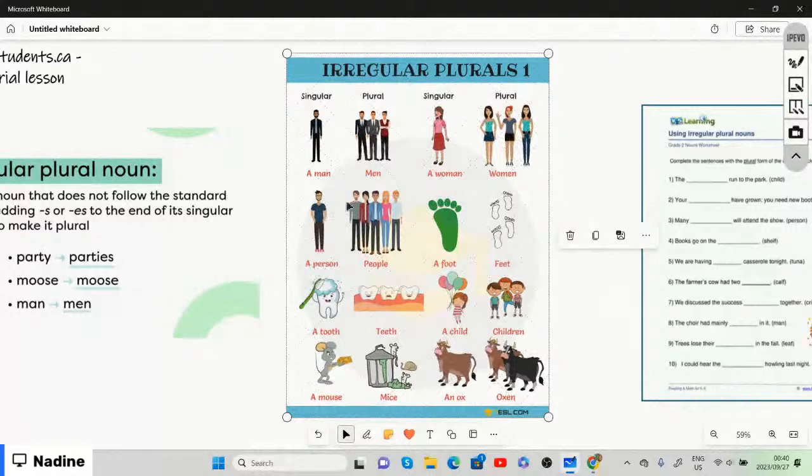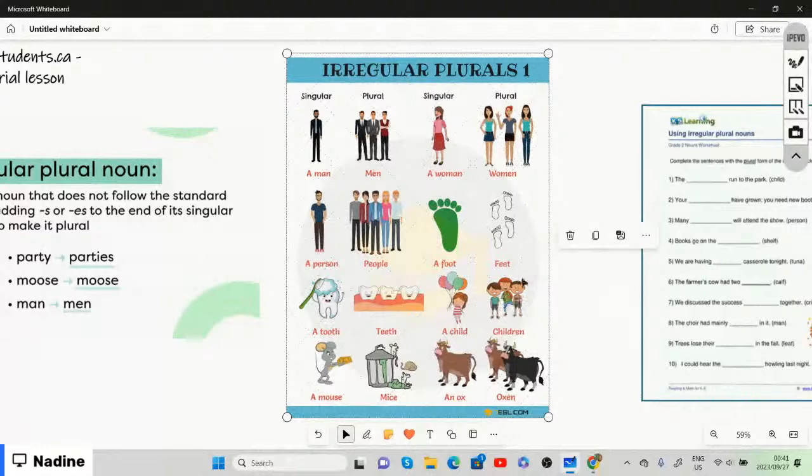The same with a person, one person. Remember, if somebody is saying, for example, one person, and then more than one person is people. So one person, and then two or more people. Then we have a foot and feet. And then we have tooth and teeth, one child, lots of children.